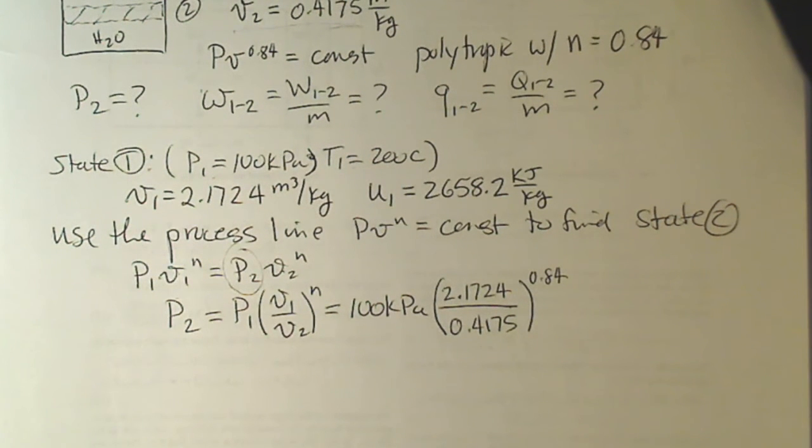I don't know if my calculator gives numbers that big or not. Let's see if I have the possibility to calculate an exponent, so let's try that. I need to take 2.1724 and divide it by 0.4175, and that result I want to raise to the power of 0.84.